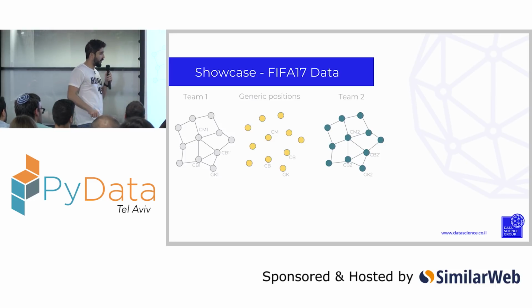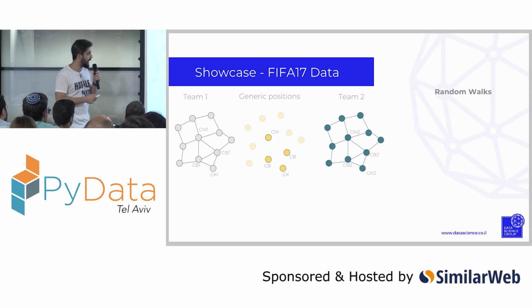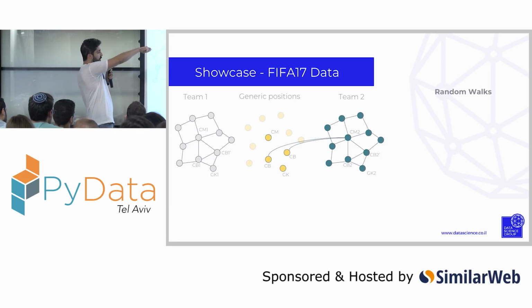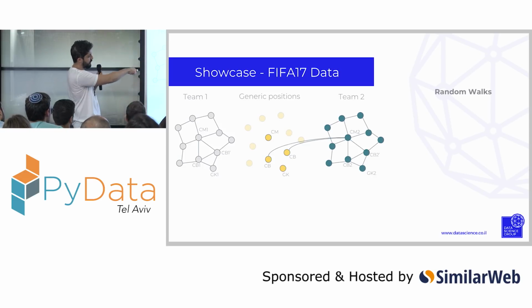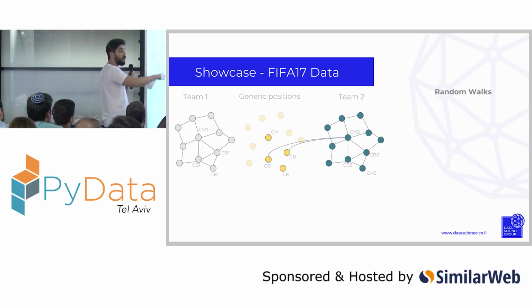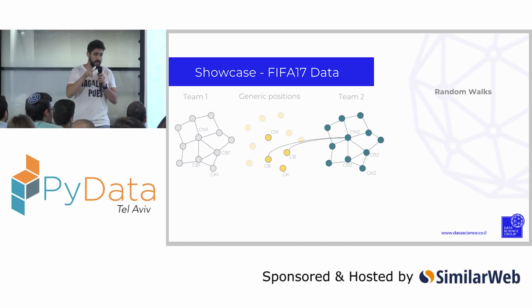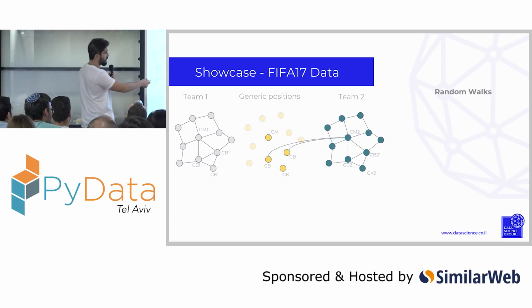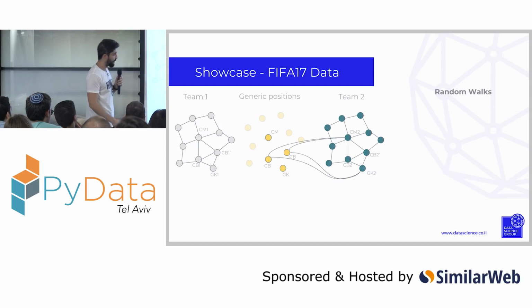The last type of connection is between the actual teams and the generic positions. So the central midfielder, since he's connected to his central back, CM2 and CB2, is also going to be connected to their generic positions. You will see in a minute why that is important to embed the information we talked about. And similarly for the goalkeeper.